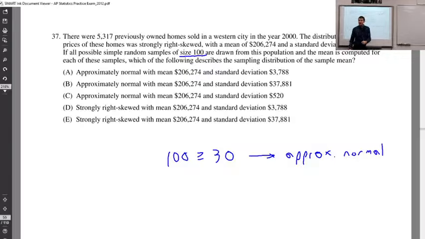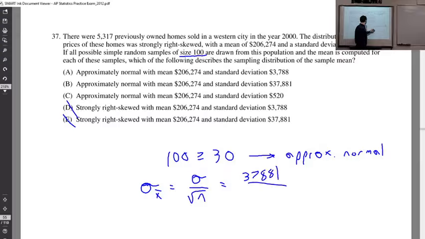Mean is the mean. Standard deviation is the population standard deviation divided by the square root of n. So in this case, that would be 37,881 divided by the square root of the sample size, which is 100, which is 3788.